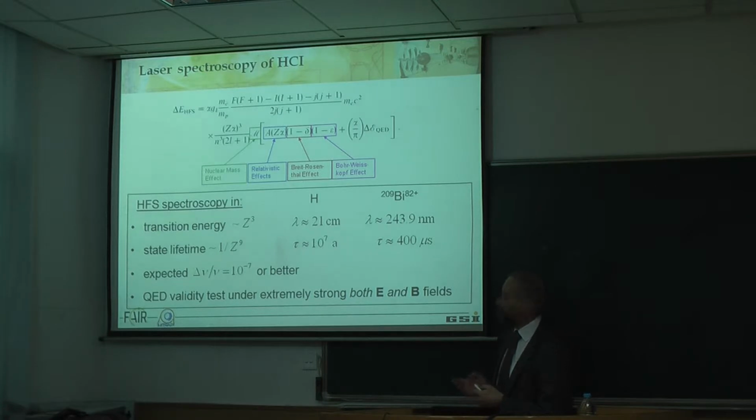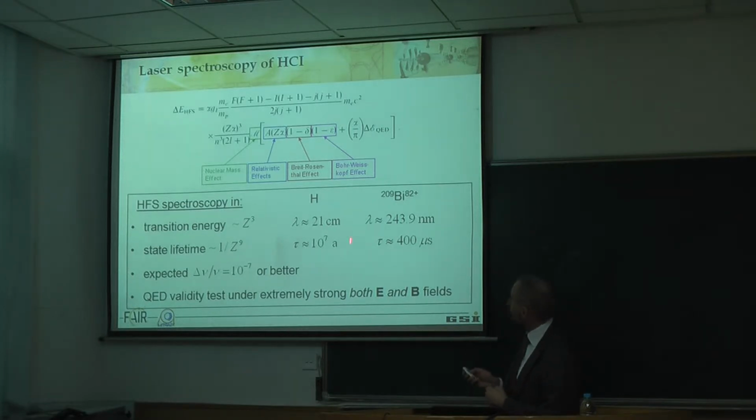So that's something which limits how accurately you can test QED in this system. And the advantage of it, as I say, is that in this measurement you can do a measurement with very high electric fields and very high magnetic fields, and so you can get useful information.